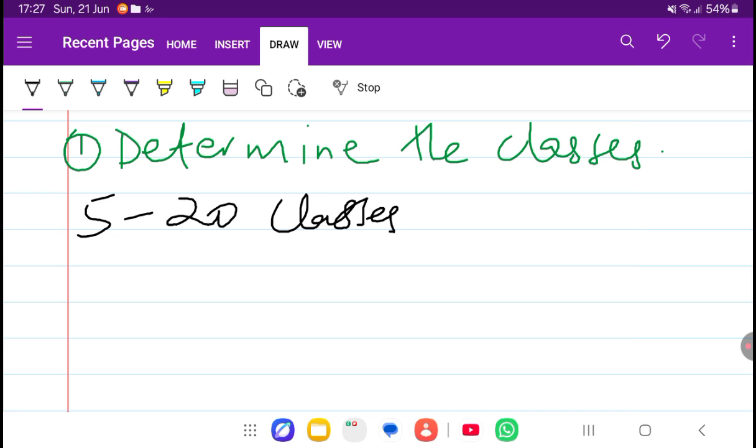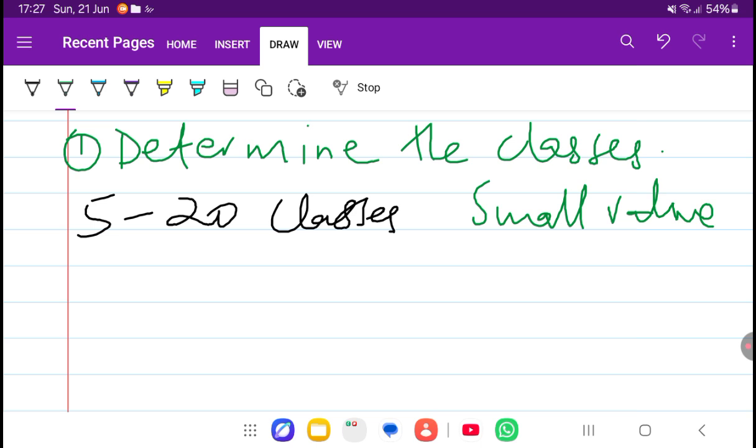In other words, if you are picking your first class, you should make sure that the lowest or the smallest value in the data set is included in that first class.